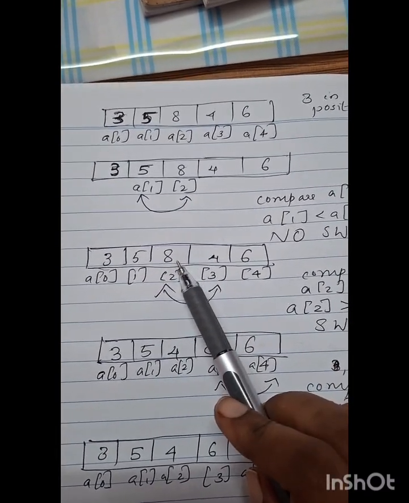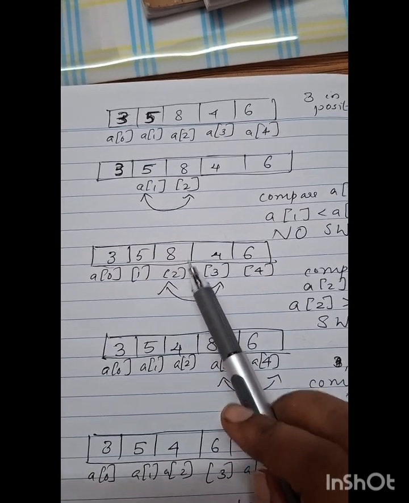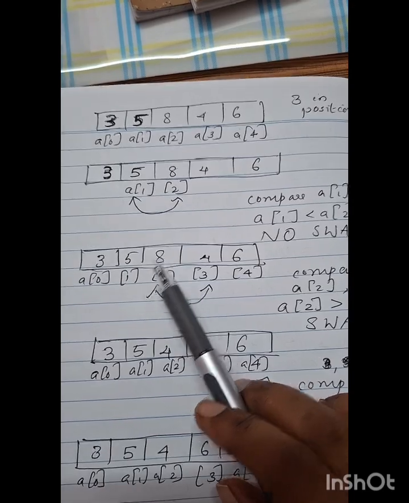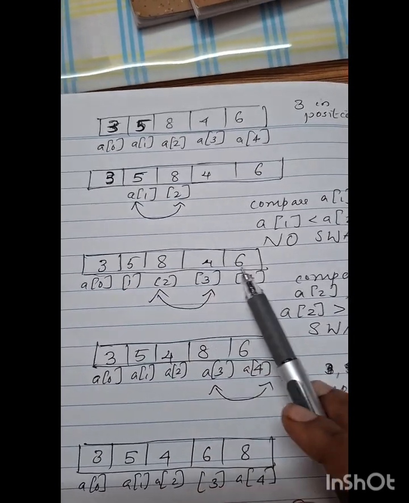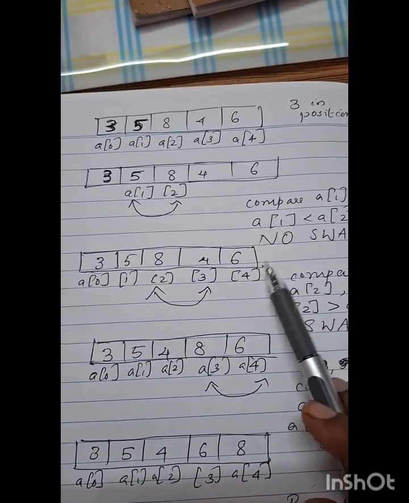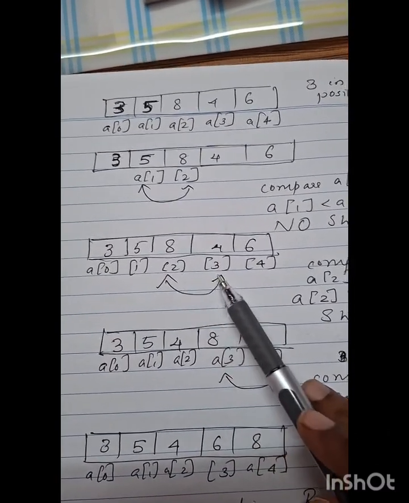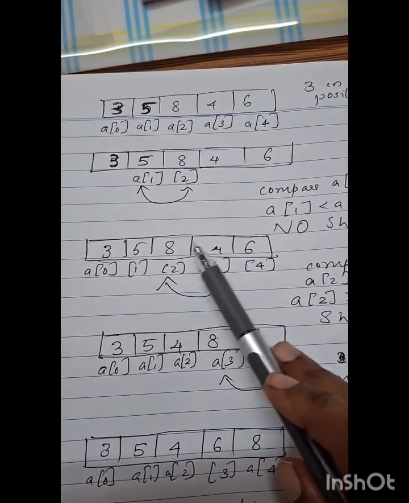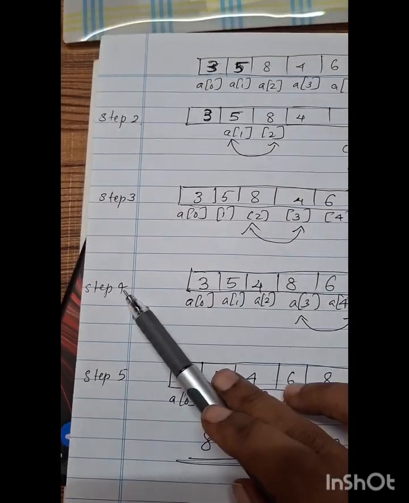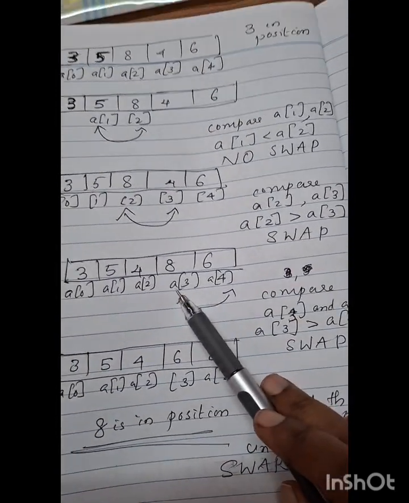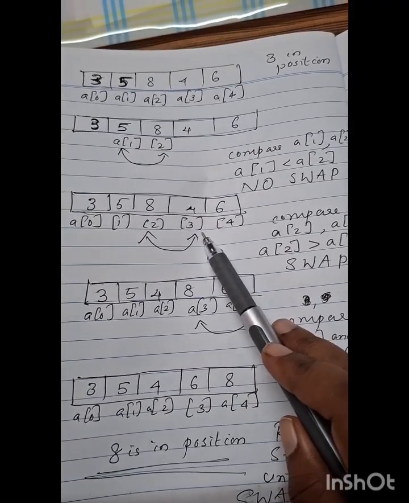In the next step, the execution will continue with this array only: 3, 5, 8, 4, 6. It's not in order, so we have to continue the process. Again the pointer will point to the third and fourth elements, that is 8 and 4. That is step 4, where we compare A2 and A3.